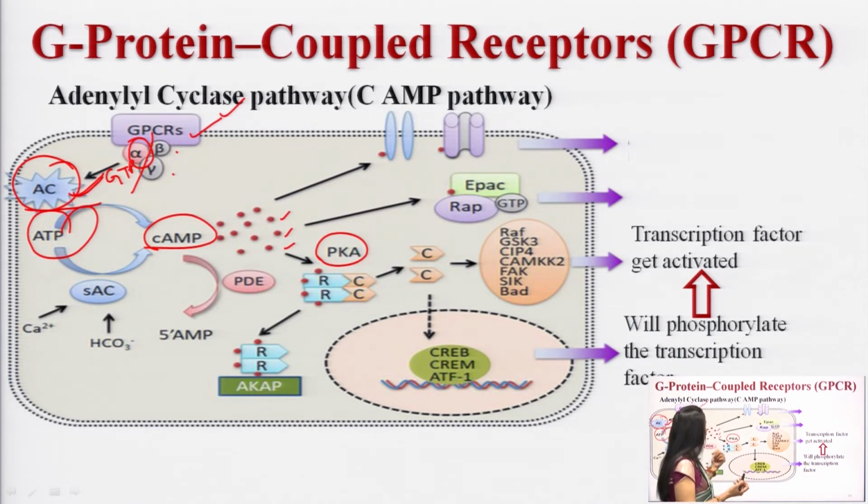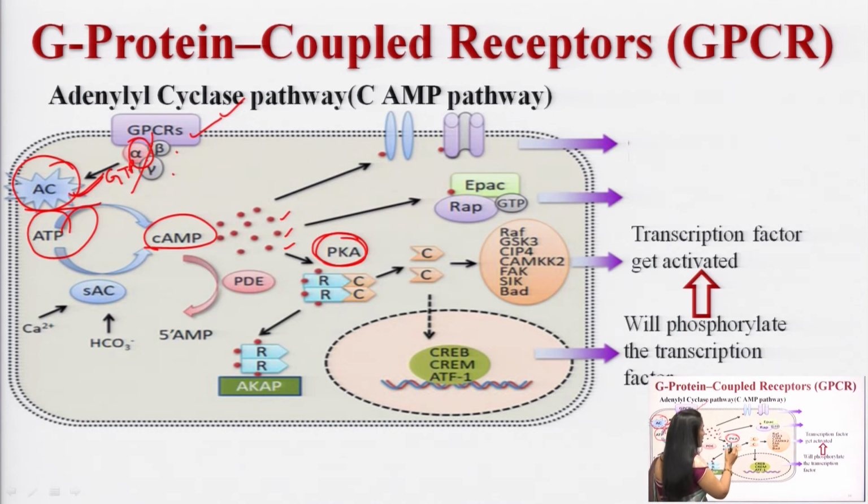Okay. So, normally this phosphokinase A in the cell will be in an inactive state. If there is no activation of adenyl cyclase, there will be no activation of PKA. Normally PKA is inactive, and it consists of 4 units, 2 regulatory units and 2 catalytic units.